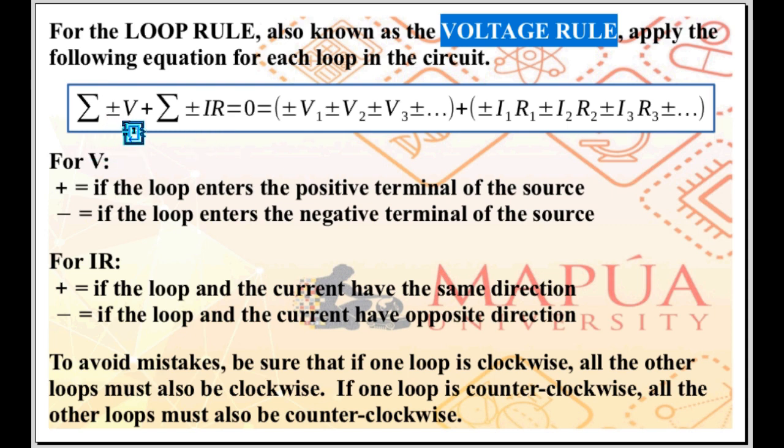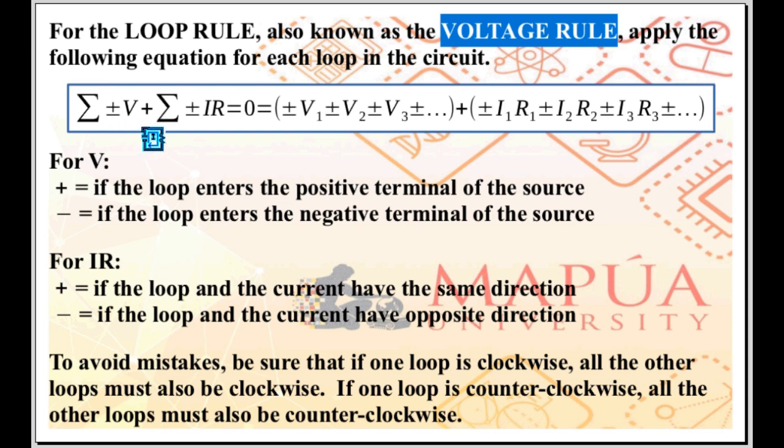This gives you plus minus V1 plus minus V2 plus minus V3 and so on, plus minus I1 R1 plus minus I2 R2 plus minus I3 R3 and so on.